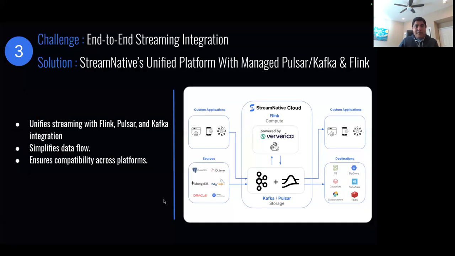Okay, so let's move on to the third challenge, which is commonly heard from enterprises as they adopt the platform. Companies are starting to put together data streaming platforms. They come up with a list of requirements, and it's really hard to find a single vendor that supports all your needs.